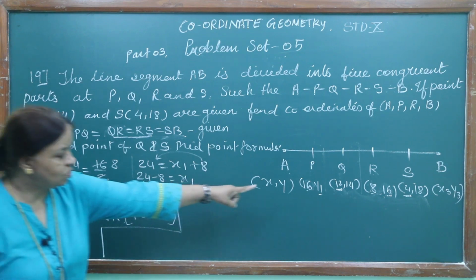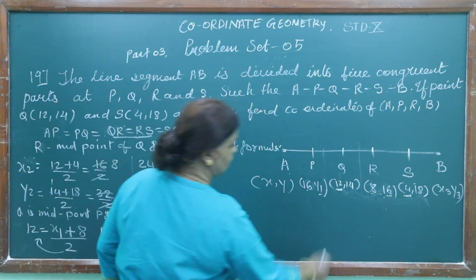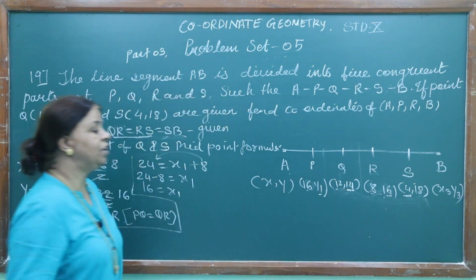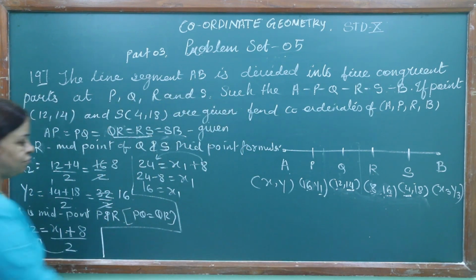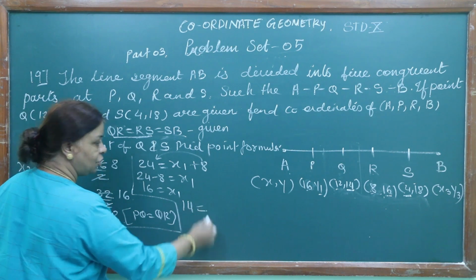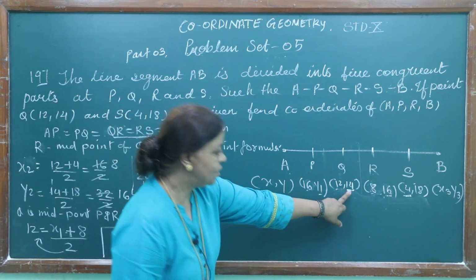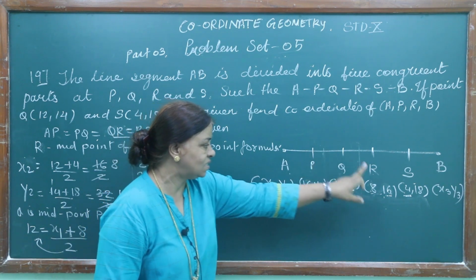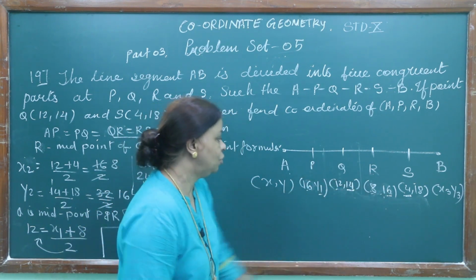Now we want to find out the y coordinate of P. Q is the midpoint and 14 is the y coordinate of Q. So 14 will be equal to the sum of the y coordinate of P plus the y coordinate of R upon 2.